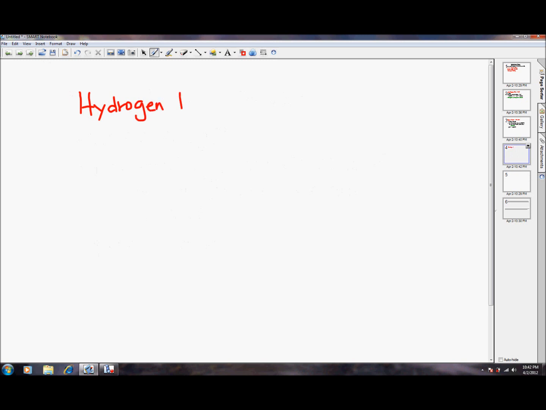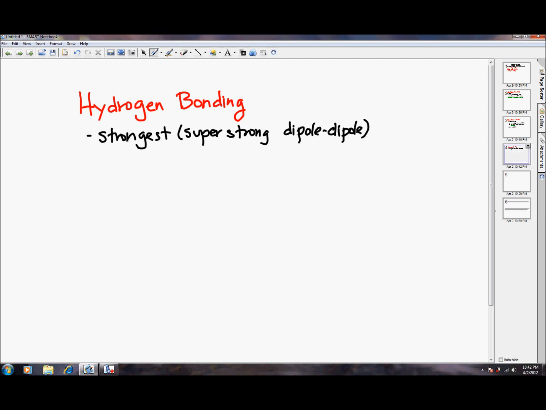The last type of intermolecular force is called the hydrogen bond. This is the strongest. It's kind of a super strong dipole-dipole. Well, what creates it?